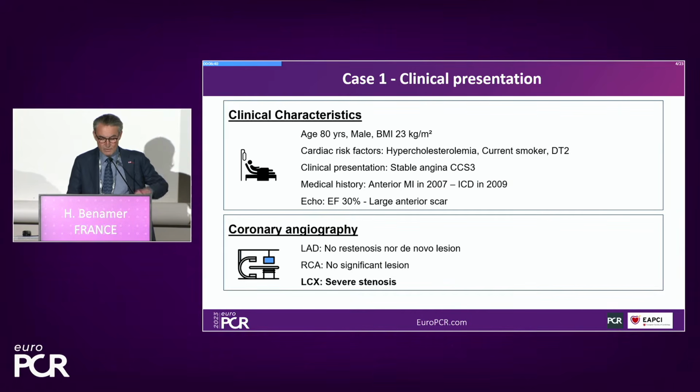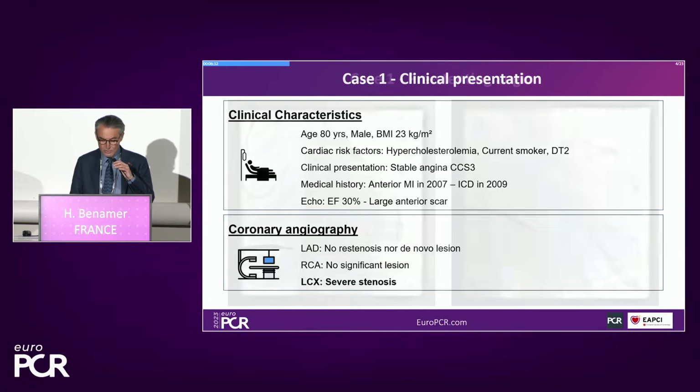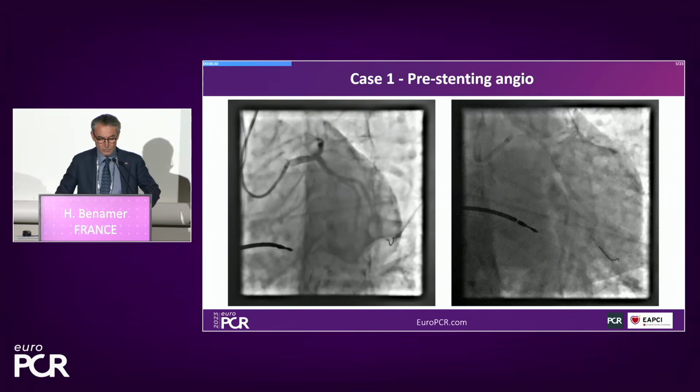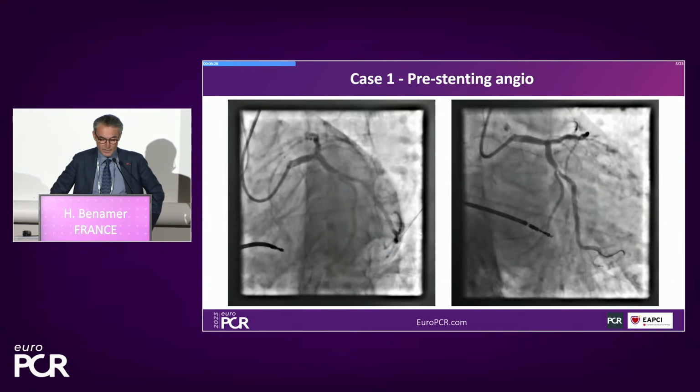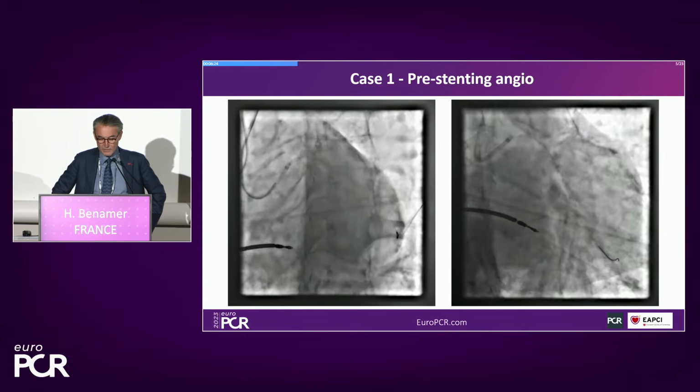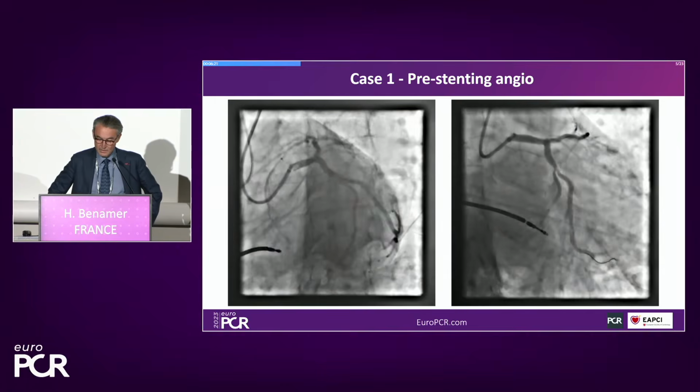The ventricular function was low. He had no restenosis on the LAD, and I will now show you the circumflex, which was diseased with a tight stenosis regarding a small branch of the distal circumflex.